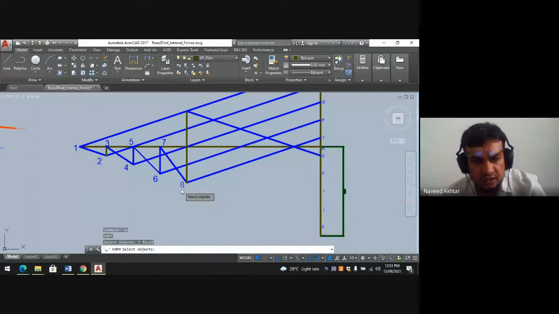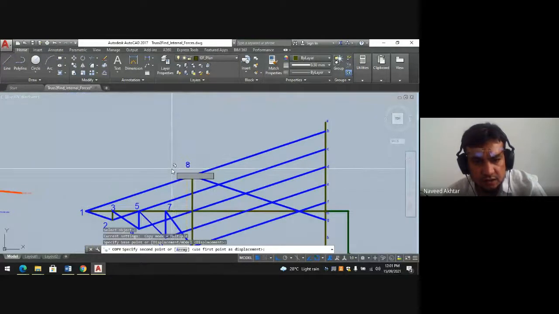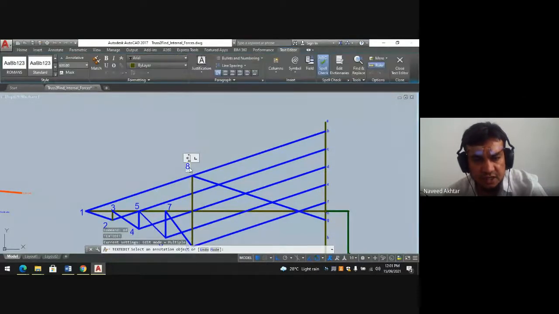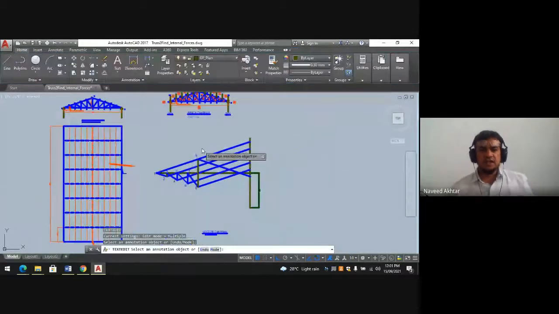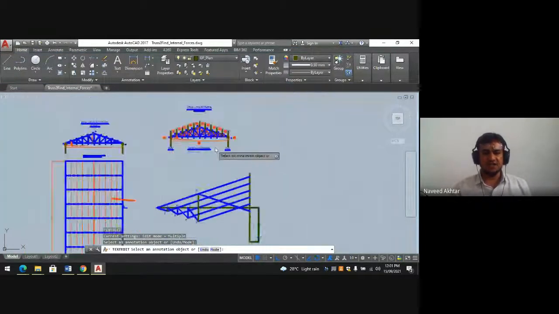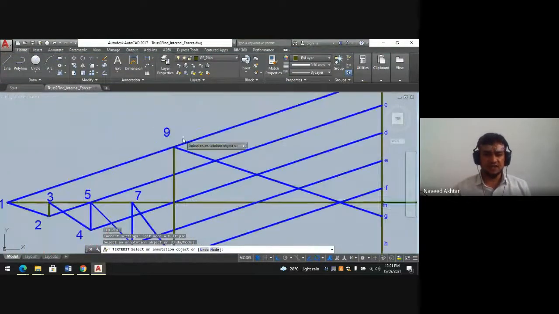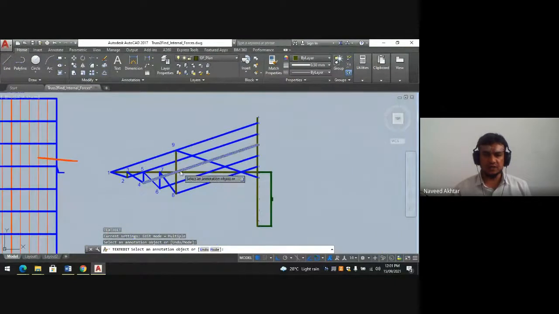This is point 9. Due to symmetry in the truss, it is coming exactly opposite to the 8 point.